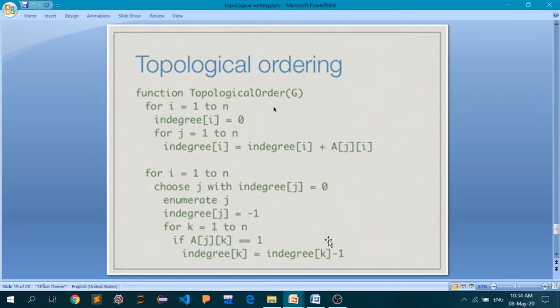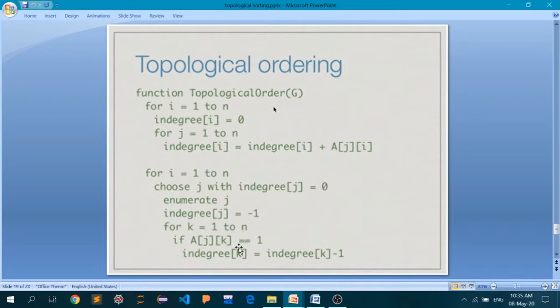Now, after the removal, as you can recall, we calculate the in-degrees of each and every remaining vertex again. So this is what we'll do for every k from 1 to n. I will first check if there is a possible connection that leads from j to k.